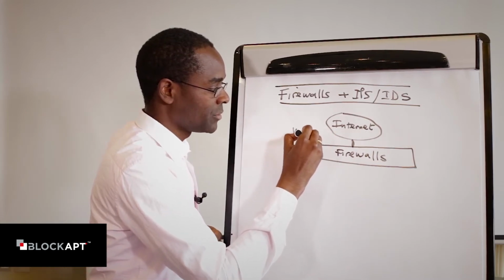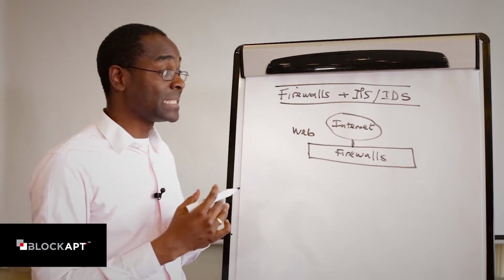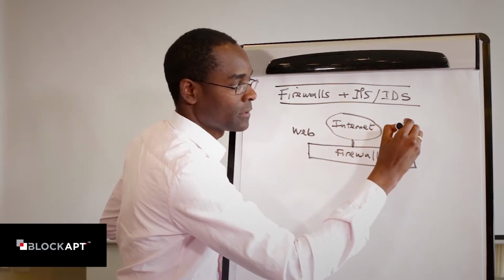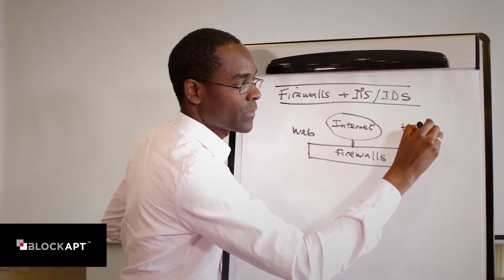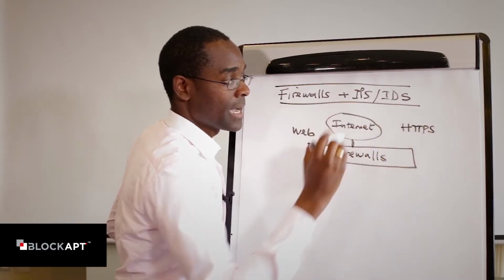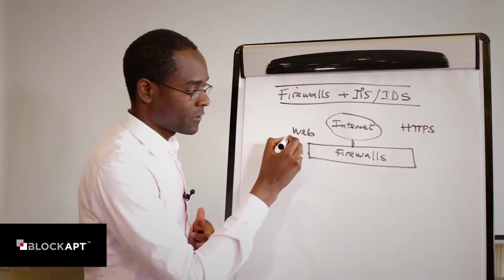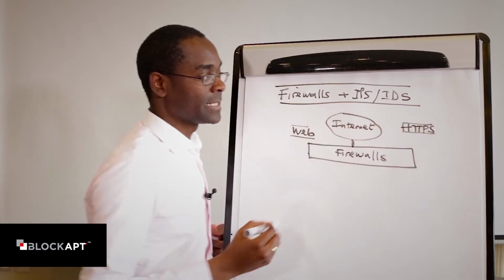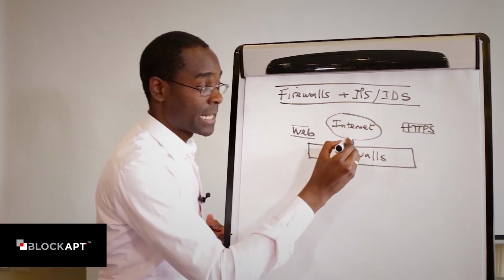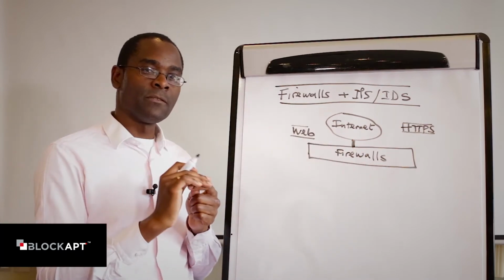So this is you browsing to a specific website, doing it securely, using something called HTTPS. That's just the way we browse securely using encrypted channels. So we can have web traffic coming in via a website, whether it's encrypted or not, and the firewall is going to allow that transaction. So you can see here, at the connectivity level, the firewall is doing the filtering.